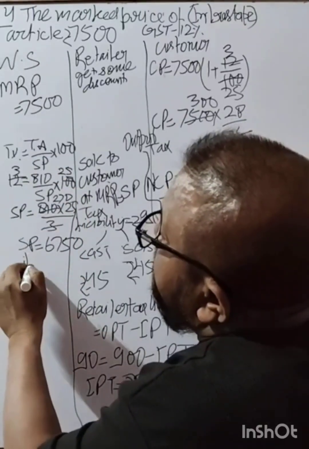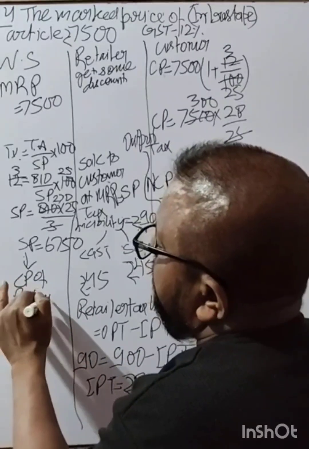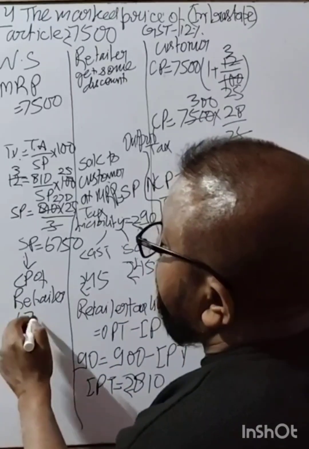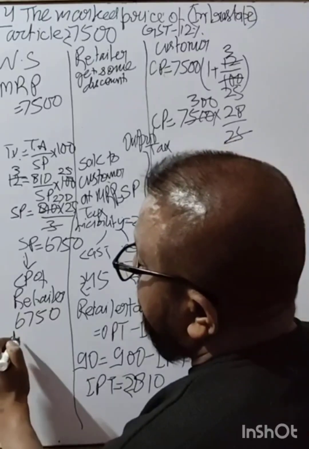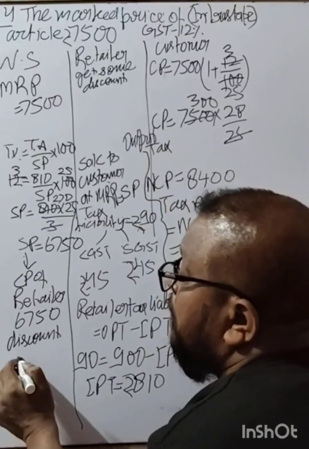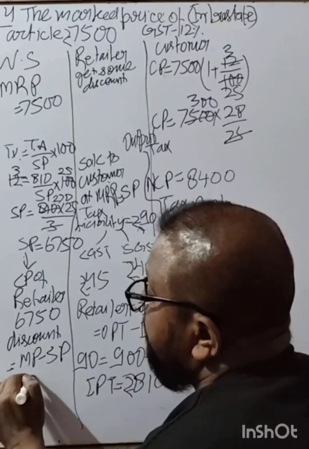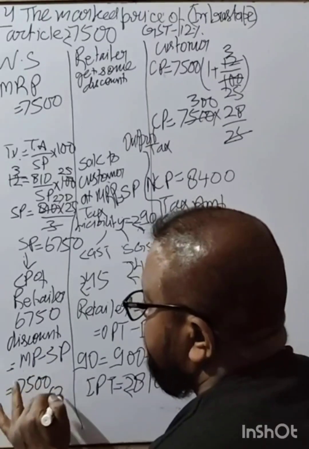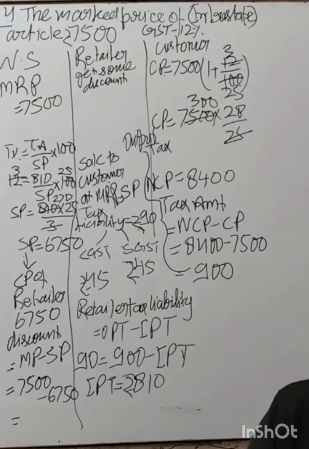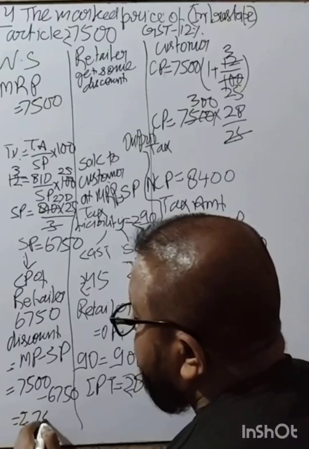So CP of retailer is equal to 6,750. The discount is MP minus SP, 7,500 minus 6,750, which is rupees 750.